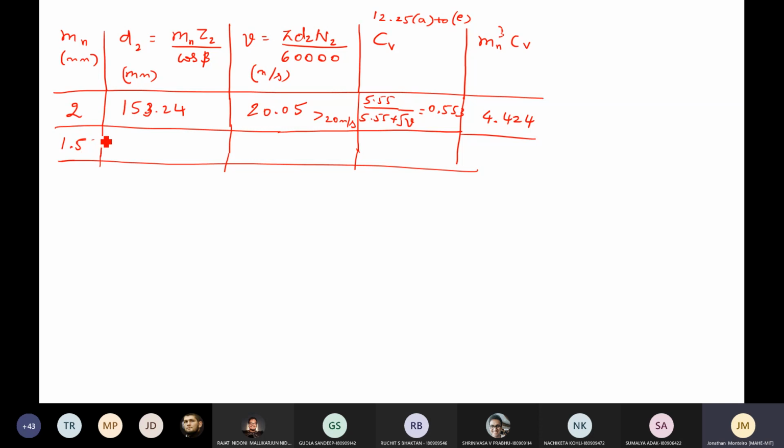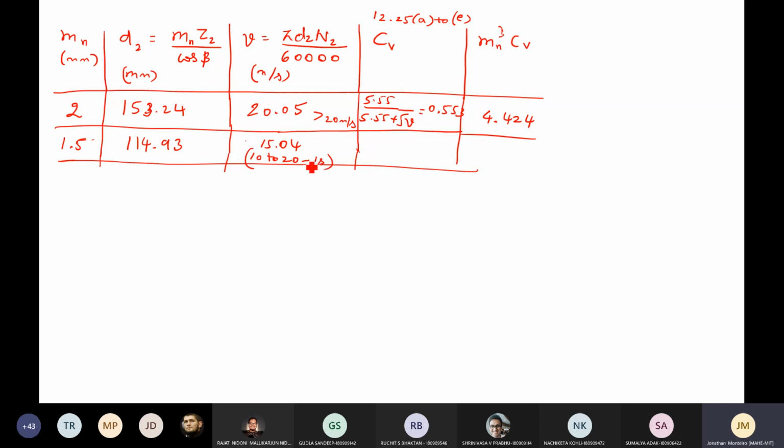So 1.5. If 1.5 is there, then this will be 114.93, and this will be 15.04. This is in the range from 10 to 20 meters per second.